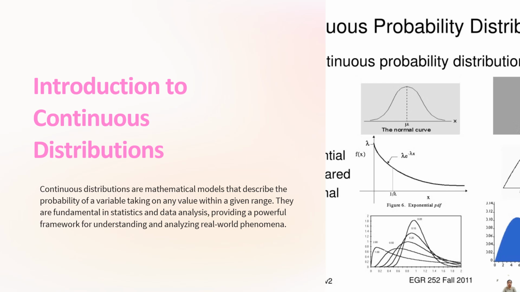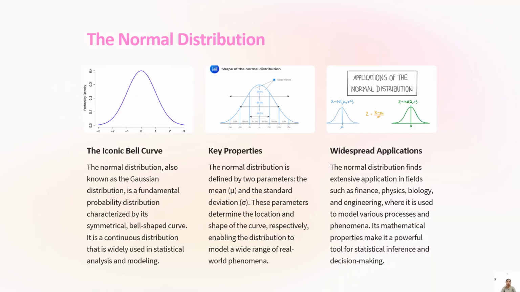Introduction to continuous distributions. Continuous distributions are mathematical models that describe the probability of a variable taking on any value within a given range. They are fundamental in statistics and data analysis, providing a powerful framework for understanding and analyzing real-world phenomena.